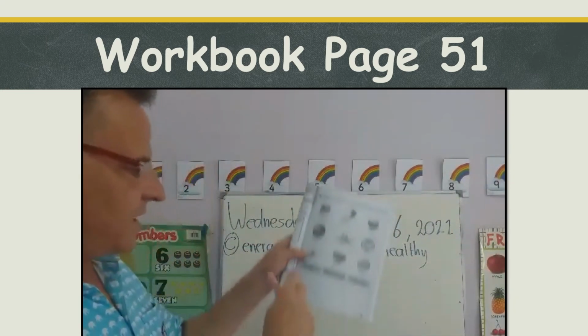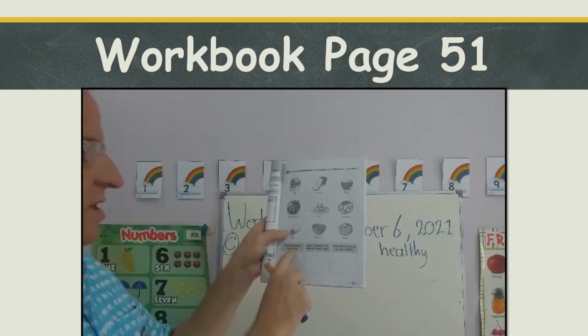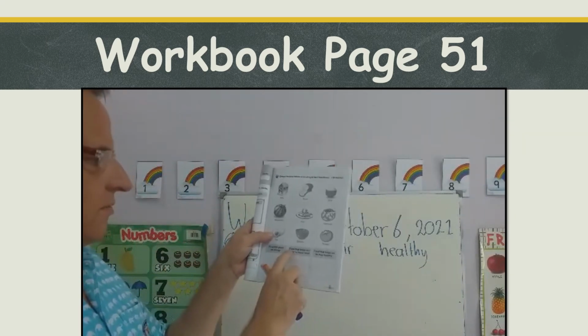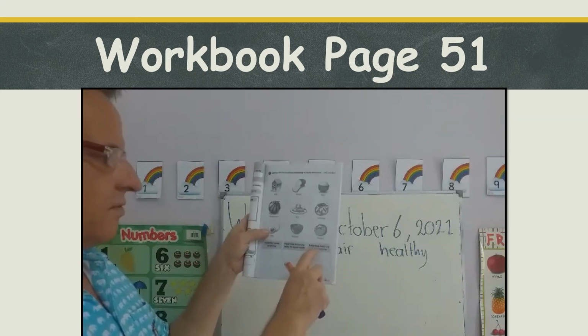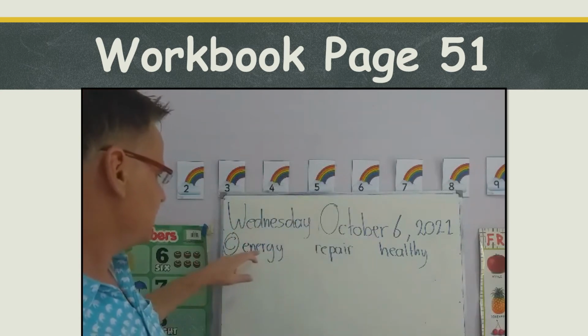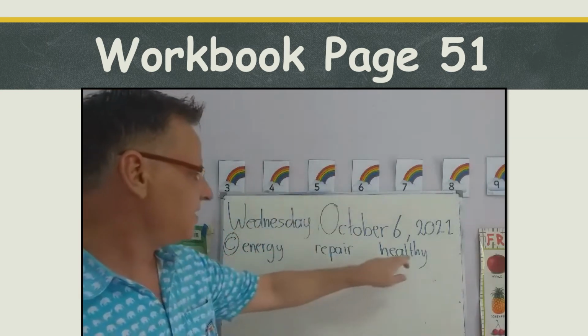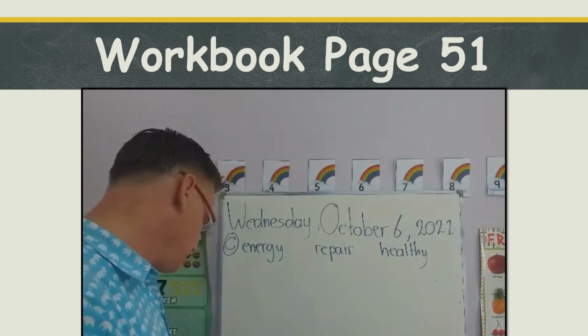Now, there are 3 groups here. The first one says food that gives us energy, food that helps our body to repair itself, and food that helps us to stay healthy. So I shorten them: energy, repair and healthy. Now let's put the foods in the right place.